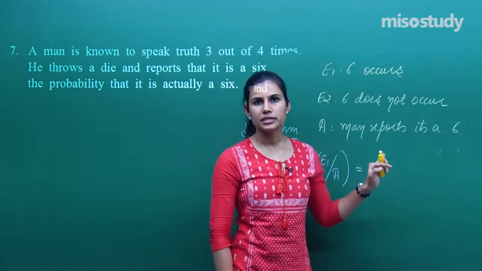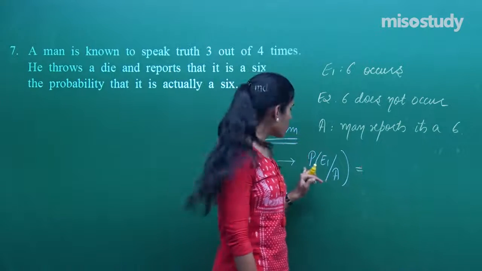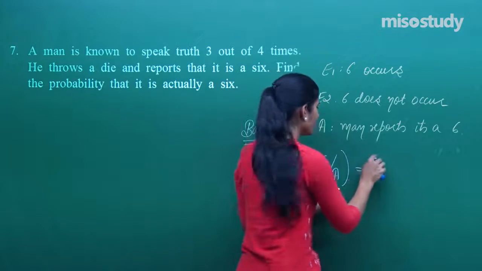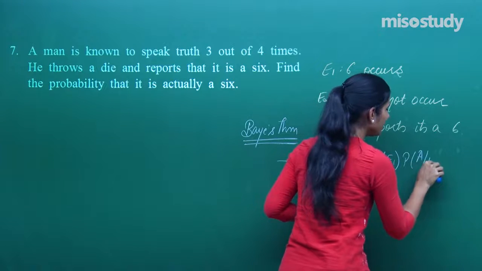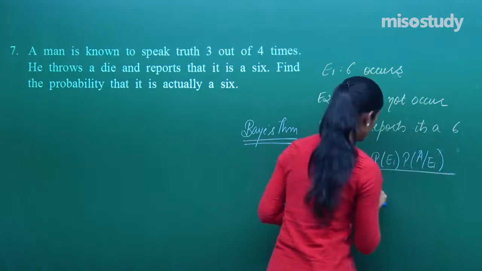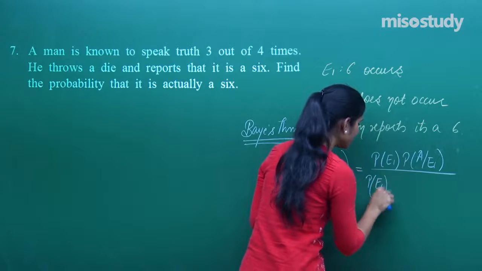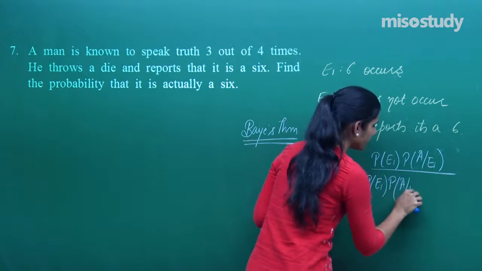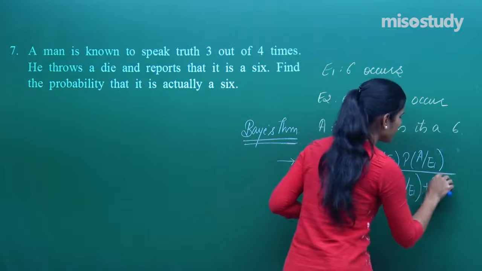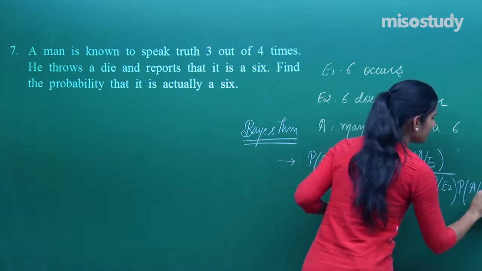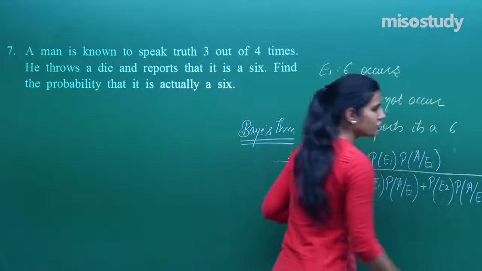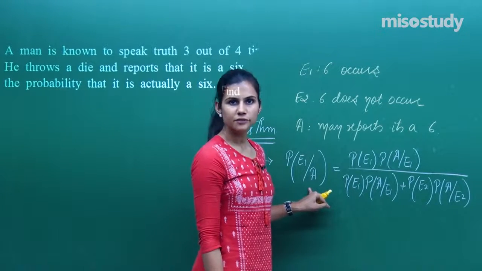Entire hypothesis is supporting Bayes theorem. So probability of E1 by A would be what? Probability of E1 into probability of A by E1 upon probability of E1 into probability of A by E1 plus probability of E2 into probability of A by E2.